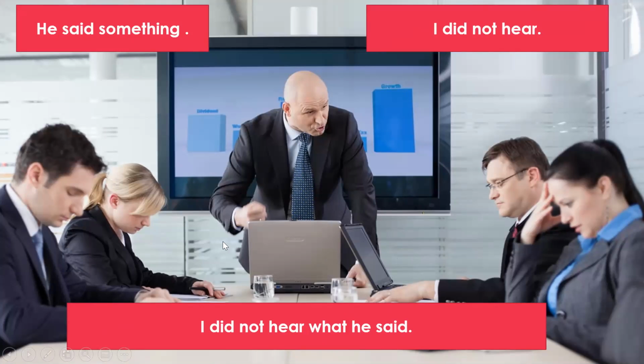What did you not hear? What he said. So what he said is the noun clause here. And we are combining two simple sentences together by using the question word what, which is a noun clause. This entire what he said is a noun clause. So it is beginning with what, the noun clause.